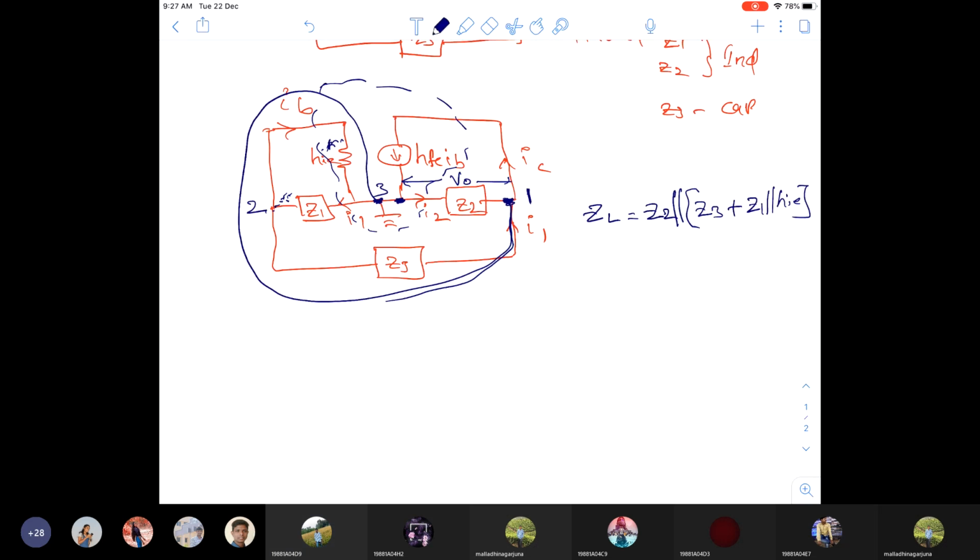Z2 is connected between node 1 and node 3. So for your easy understanding, I can redraw the circuit.